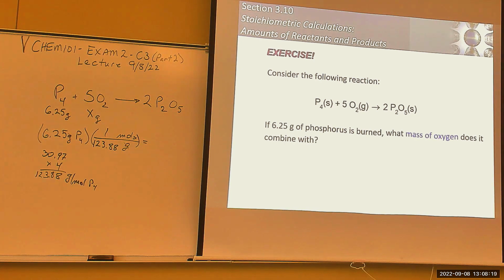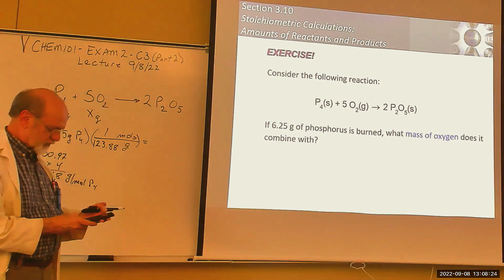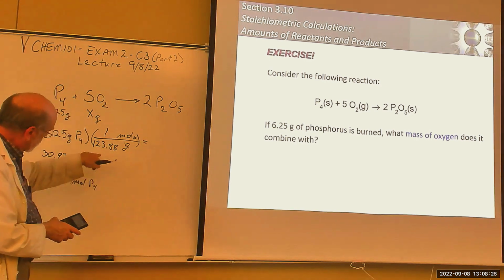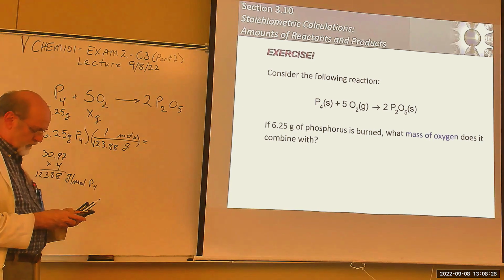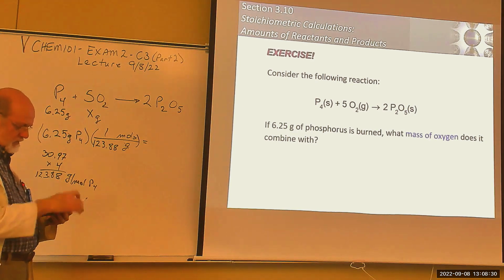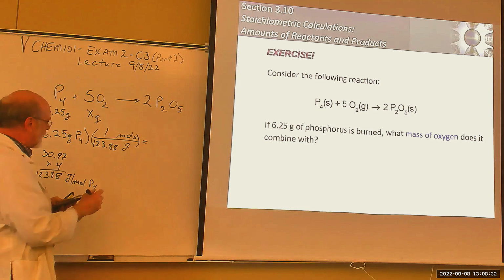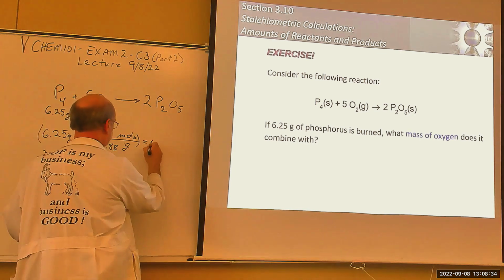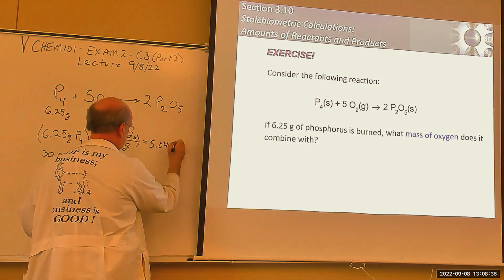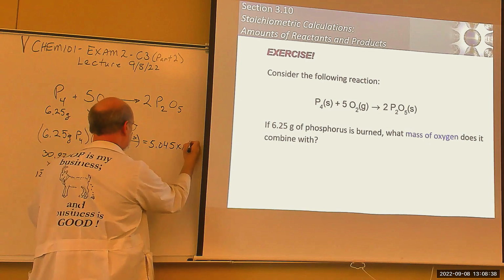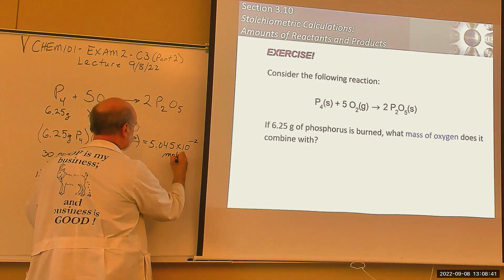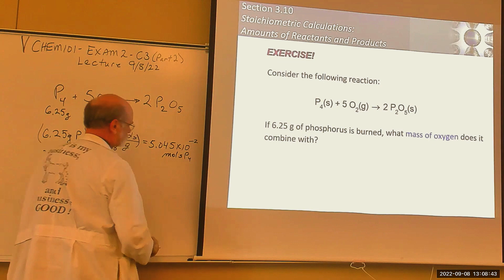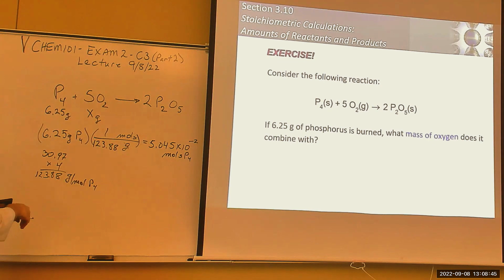No, I didn't. So I need to do this. Okay, so 6.25 grams and divide it by 123.88. So I get 5.045 times 10 to the minus 2 moles of P4. All right.